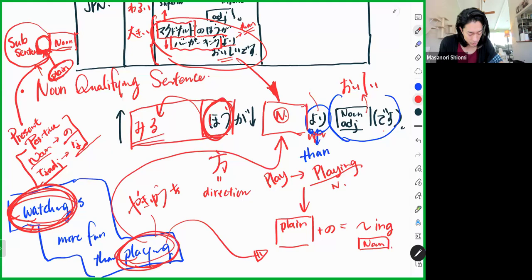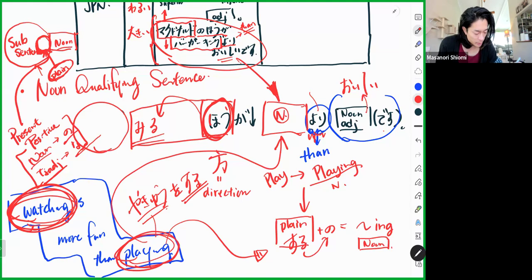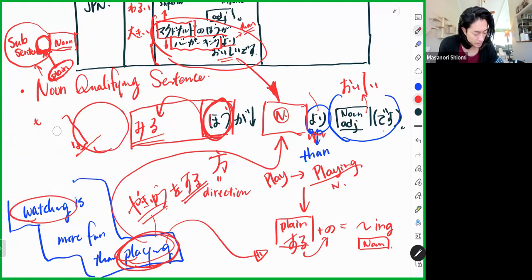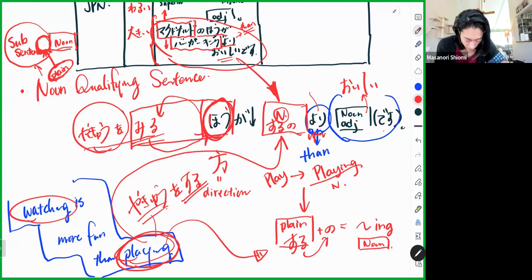野球をする. We use the verb する to do baseball, right? So just するの will be doing as a noun. So it might be better to put 野球 at the beginning here. It's just so messy. 野球を見る方がするの, right?